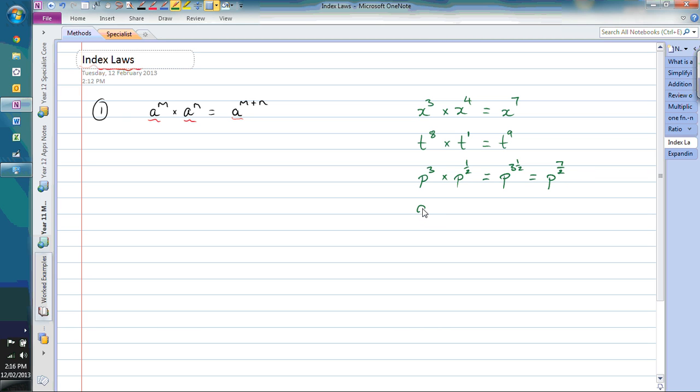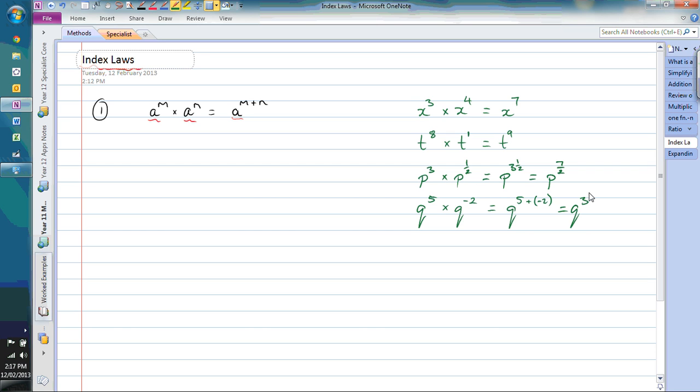Or even if they were negative, we can have that as well. q to the 5 times q to the negative 2. 5 plus negative 2, well, that's the same as 5 take away 2, q cubed.